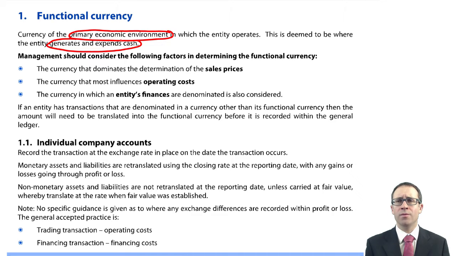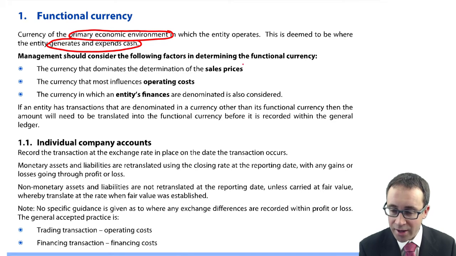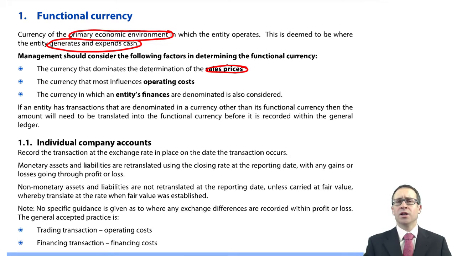So you might have to look at some specifics within a question to see where you generate your revenue and what you spend your cash on. If you're talking about how you generate cash, one of the factors we need to consider is your sales prices. You could be a developing economy, maybe somewhere within Africa, and the domestic currency is relatively unstable.